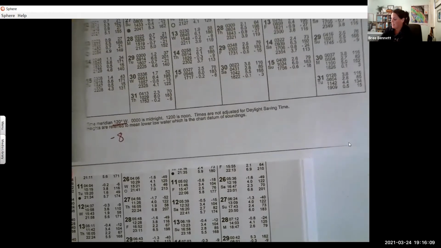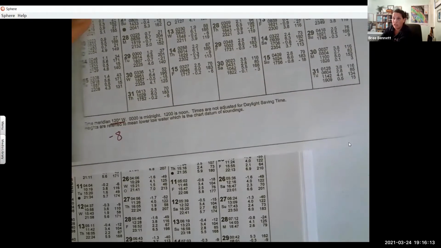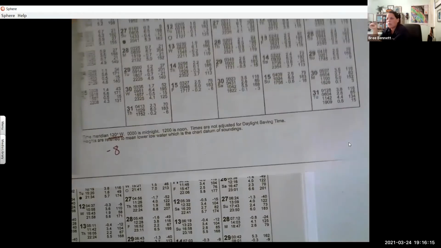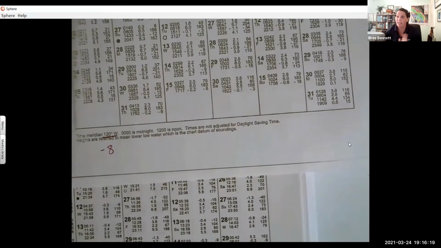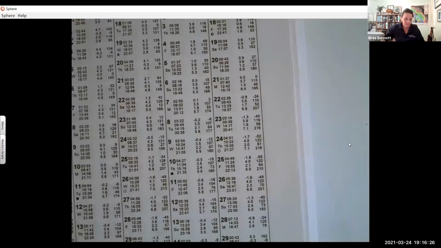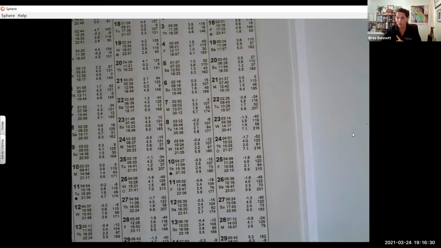Every instructor you have or person you might be talking to about tides might have a different way of doing it. They might subtract an hour from the desired time or add an hour to this time. Both ways work as long as you are keeping straight what your zone description is. I just teach it one way instead of going back and forth between a bunch of different ways, which would be confusing. All ways are right. There's no wrong way.